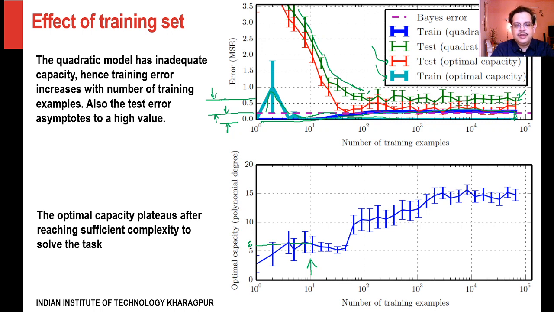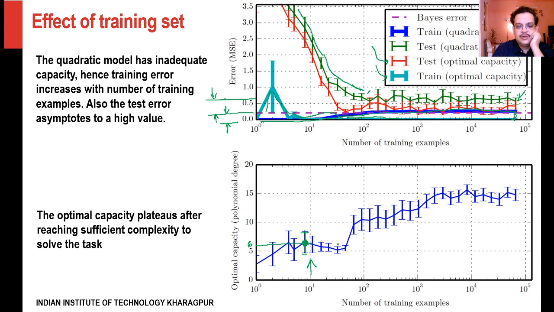When I train up to 10 examples, I see what my training error is if I change the capacity, which in this case could be the degree of the polynomial I am trying to fit, from a set of values. Maybe I try out 5, 6, 7 and 8. Out of these I find that the error is minimized at a capacity of 6.